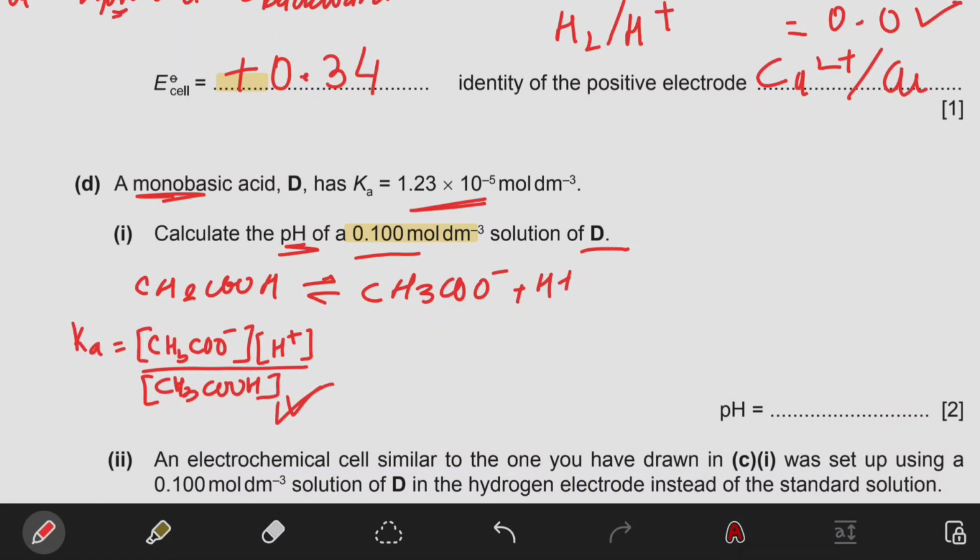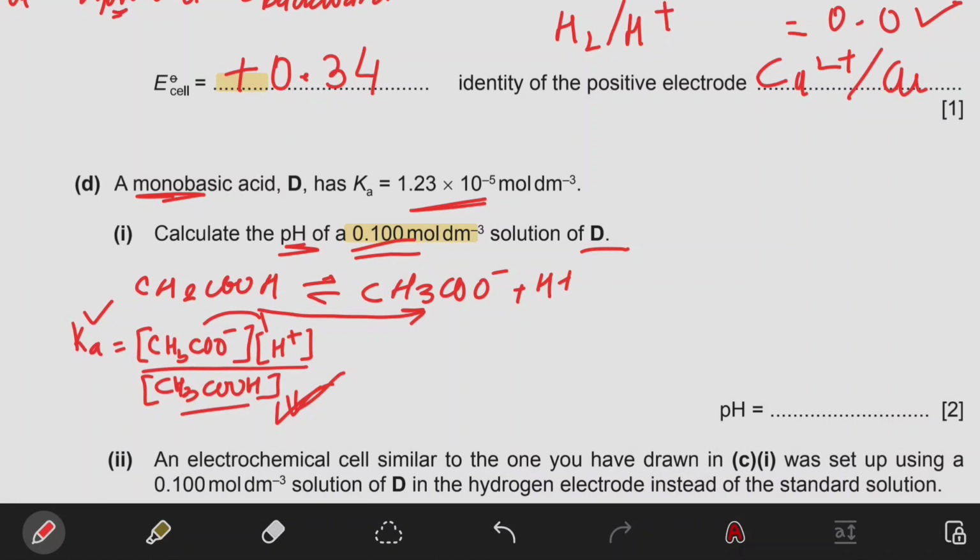Remember that this is an example. So using Ka and this given concentration, we can find out the H+ concentration. Now what are we assuming here? That very little acid has been dissociated, so this concentration is actually the same as this, and these two are going to have the same concentration as the equation shows.